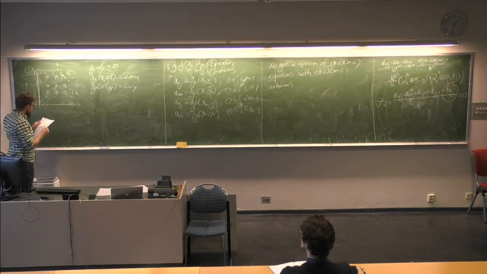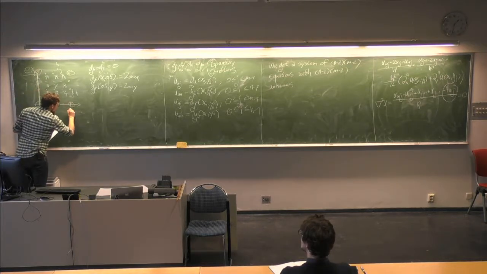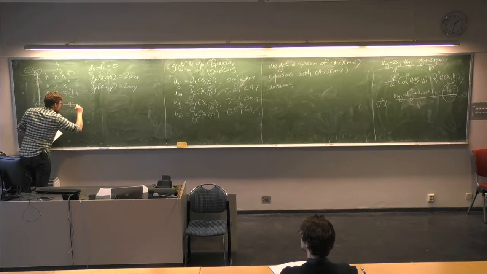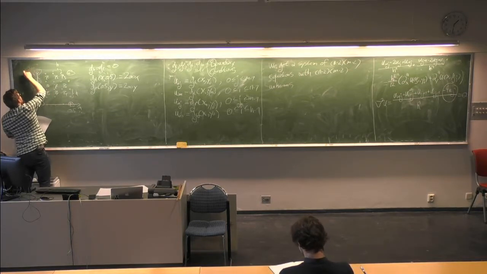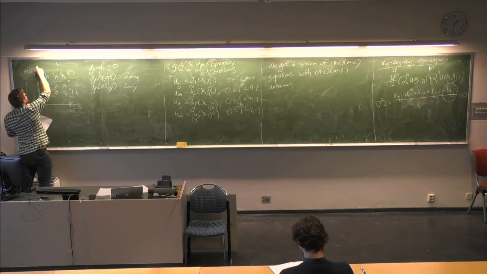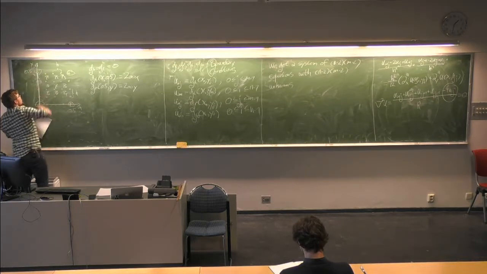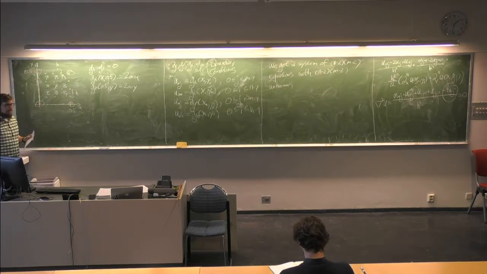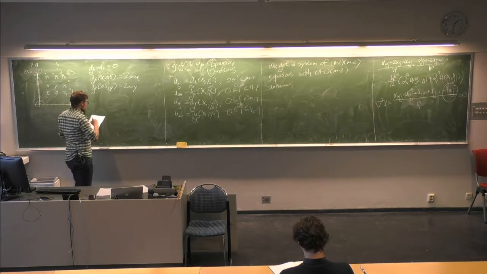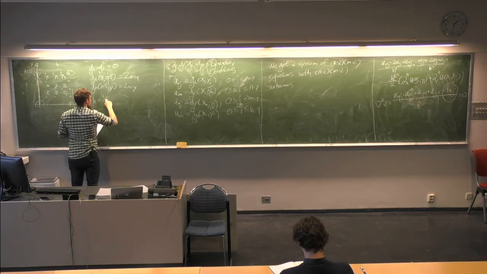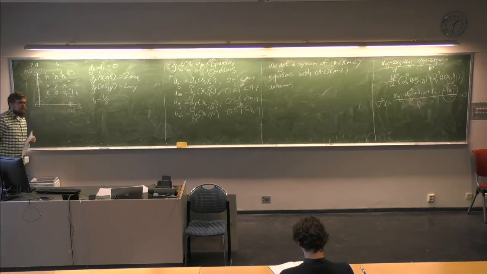Here it goes to 5 in the x direction, and here 5 in the y direction. This is a plane grid.